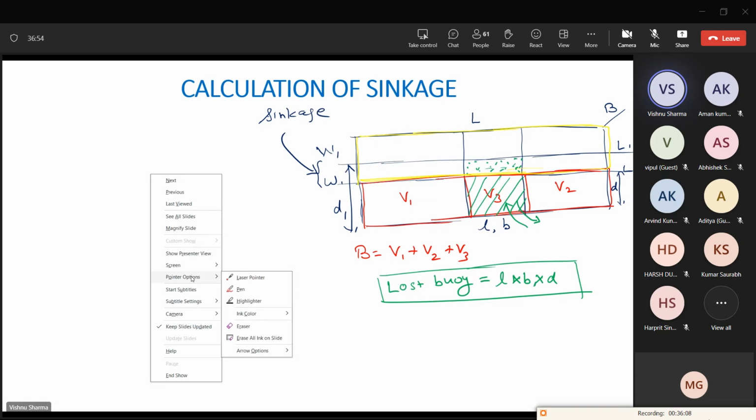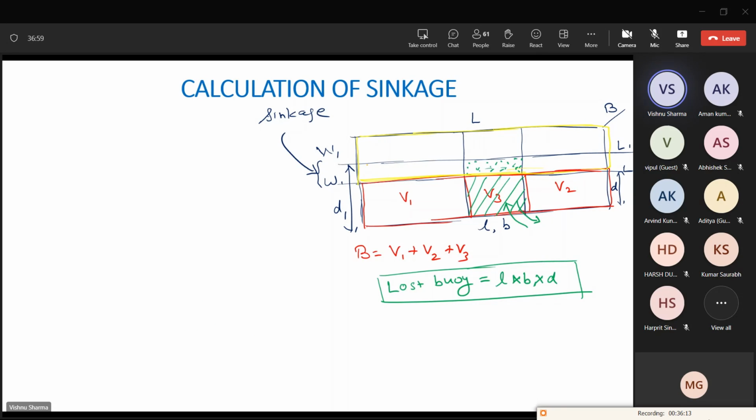The additional volume that has gone under the water because of the sinkage is 1, this one, 2, this one, and 3, this one. These three volumes have gone under the water. At WL, they were above the water line. At W1L1, they are below the water line. Do you agree with me, beta? Yes, sir. Correct? Let us say I represent them by small v1, small v2, and small v3.